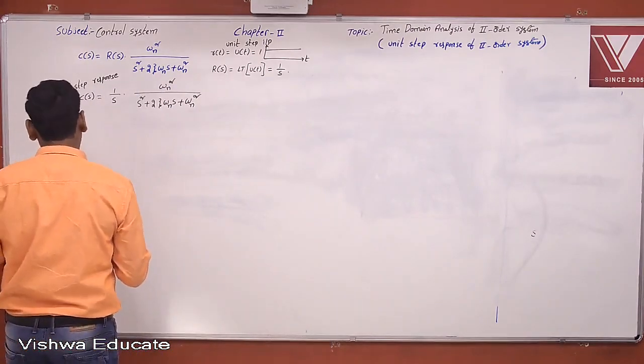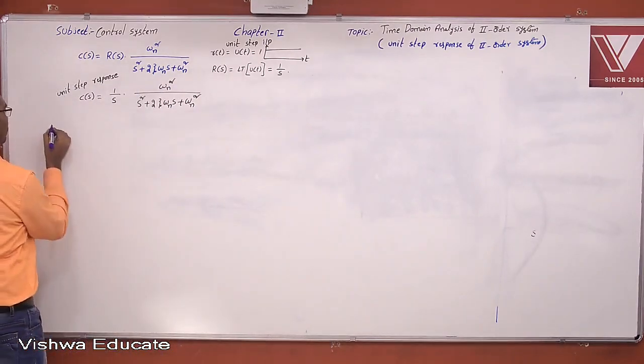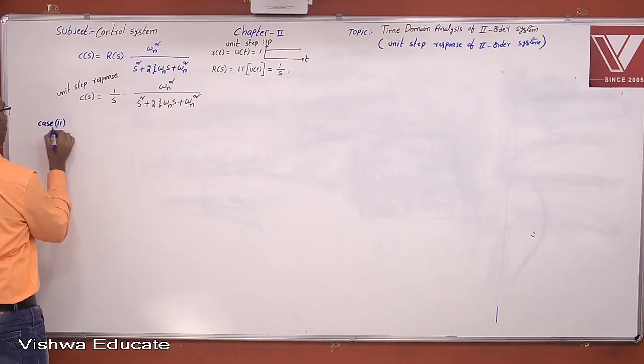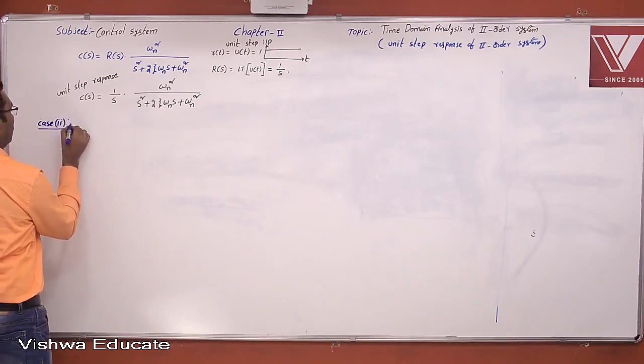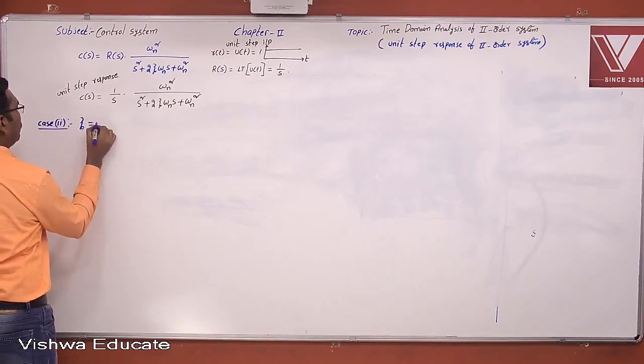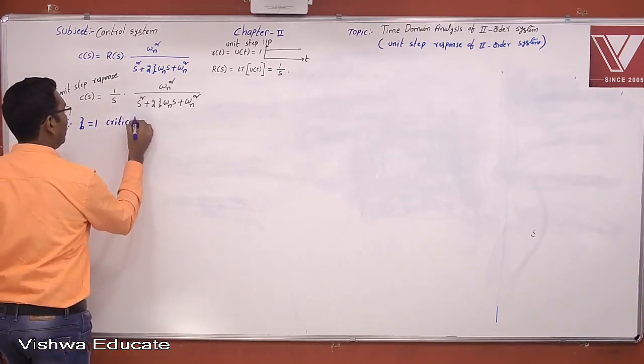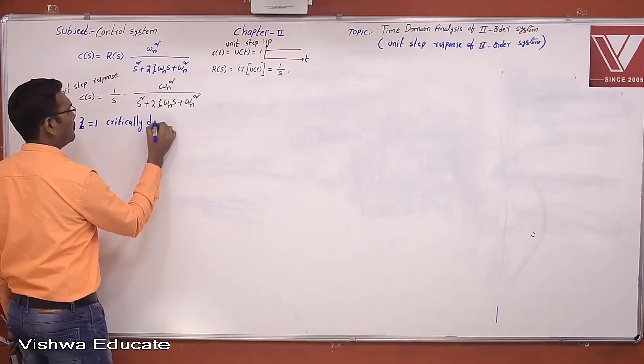Now we'll finish these two cases together. Case 2: damping factor zeta equal to 1, critically damped response.